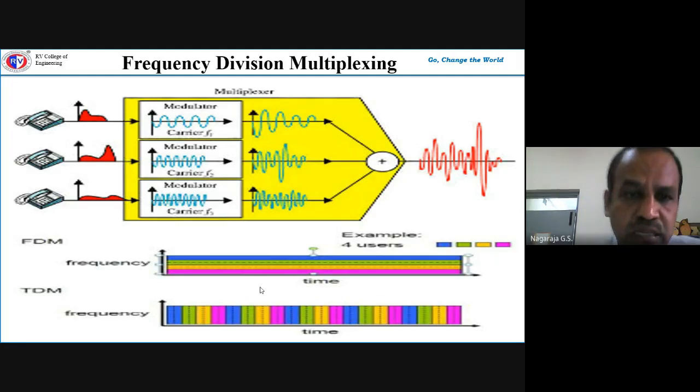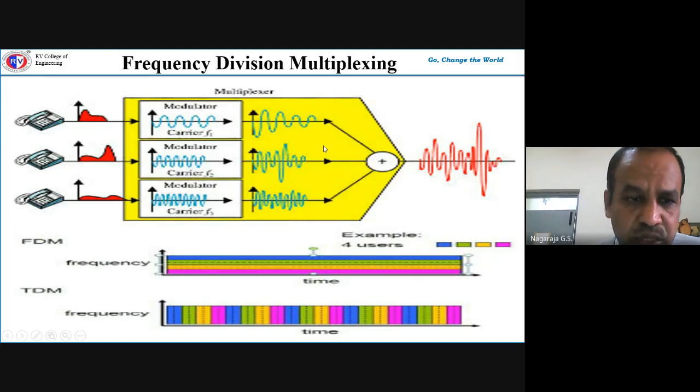This is another scenario wherein you can notice how the data signals are modulated with a particular frequency range. Maybe at the top you have F1, in the middle F2, F3, and it goes on with n number of channels, and all of them are combined together and transmitted using a common transmission medium.